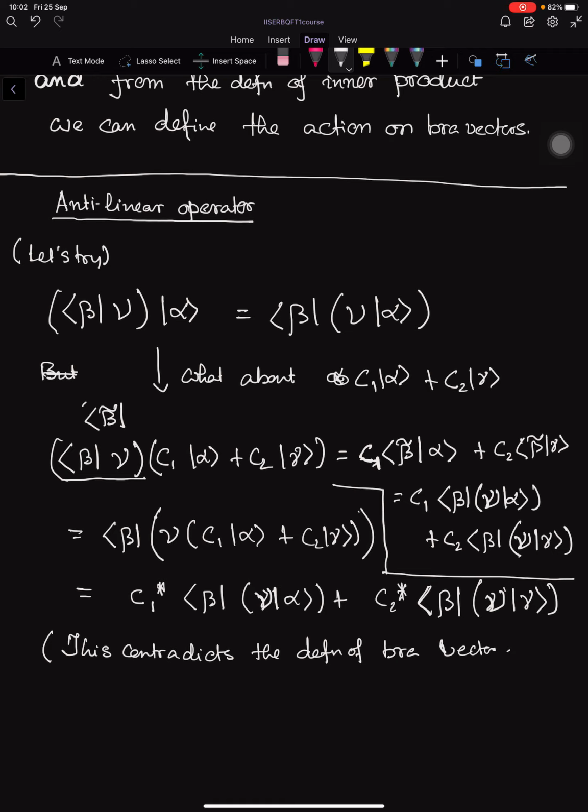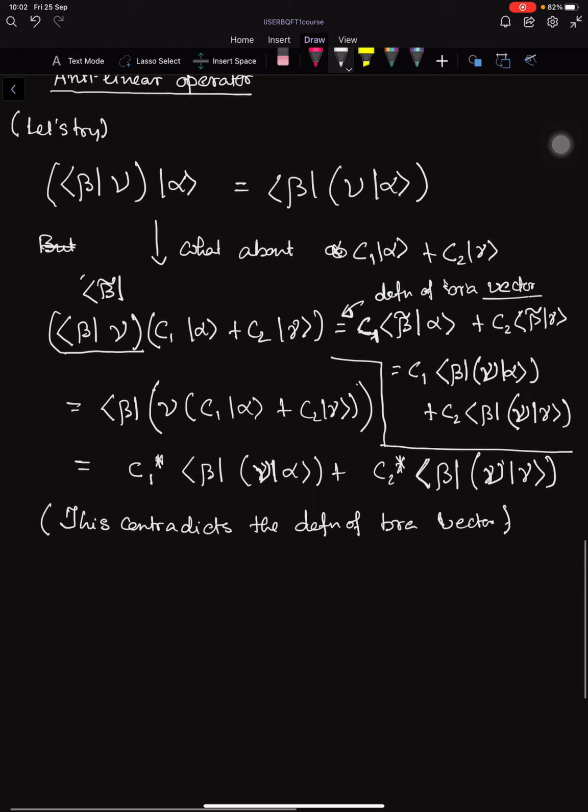So this follows from the definition of a bra vector. Then what's happening here? This clearly contradicts the definition of bra vectors.